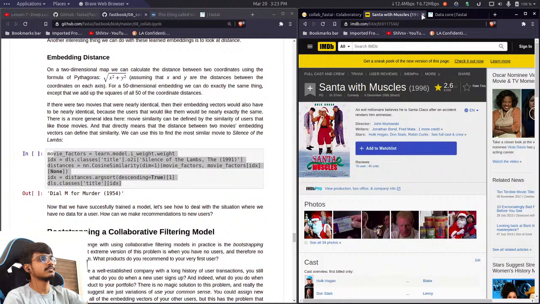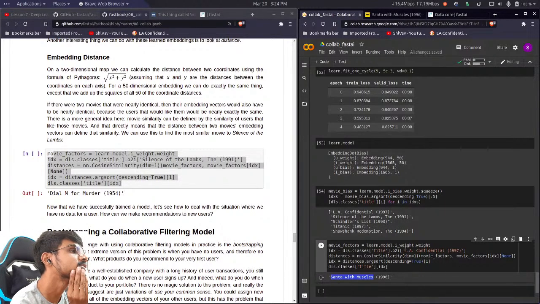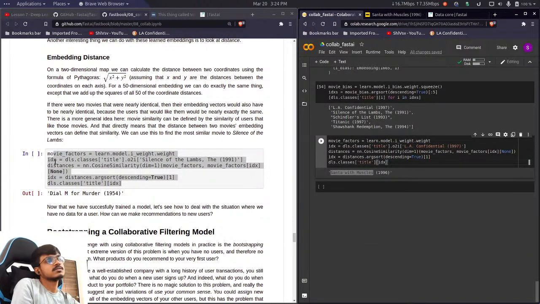Right. And wait, this seems like it has gotten a 2.6 rating out of 10. How is this movie similar to LA Confidential? It's like the top rated movie. Maybe it is similar in the latent factor, but even the latent factors don't seem to correlate. Yes, it is less accurate results.